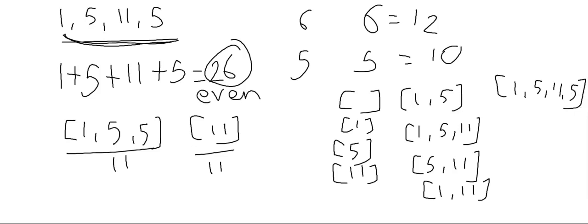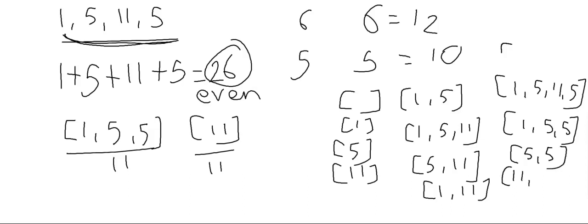There are more subsets. 1, 5, 11, 1, 5, 1, 5, 11, then 1, 5, 5, 1, 11, then we have 5, 5, then we have 11, 5, 5, and then we have, did I miss anything? I think I didn't miss anything.